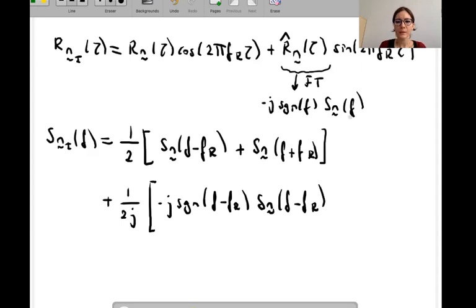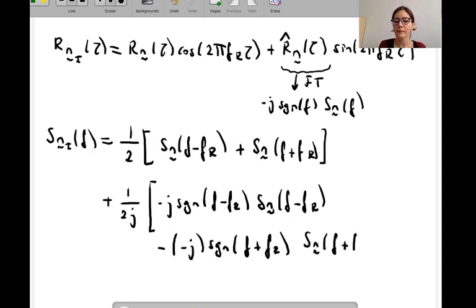And then we do the same thing this time, looking at it at f plus fr. So the first minus sign comes from the sign, because the two parts have different signs. And then we just repeat the same expression. So we have minus j signum f plus fr, and then Sn of f plus fr.